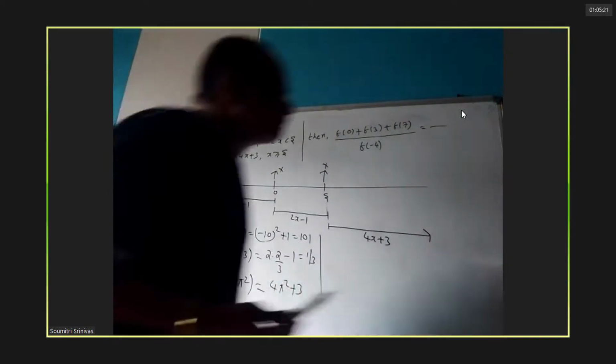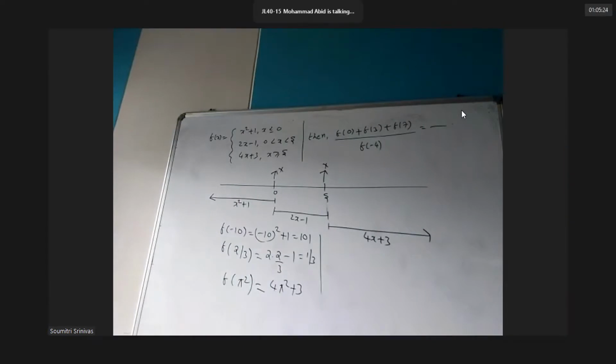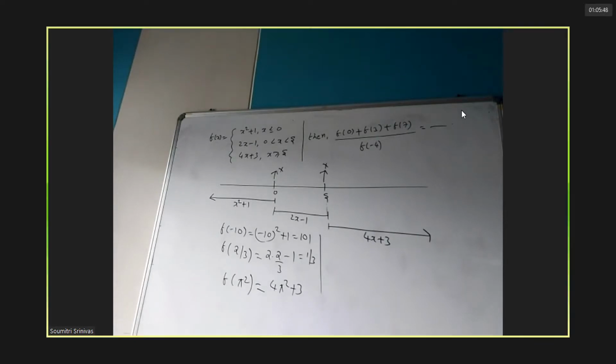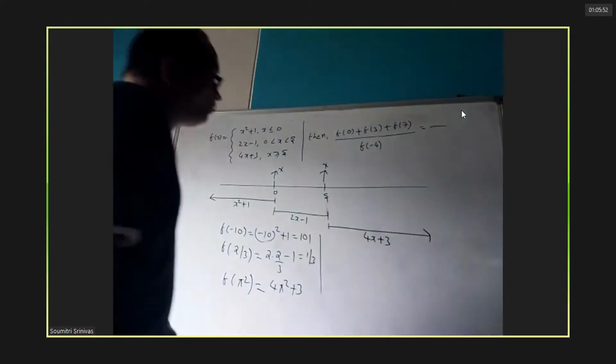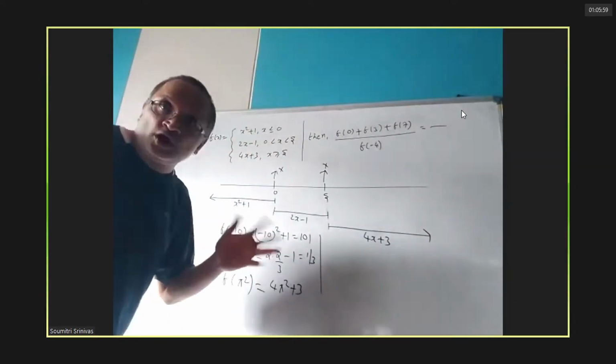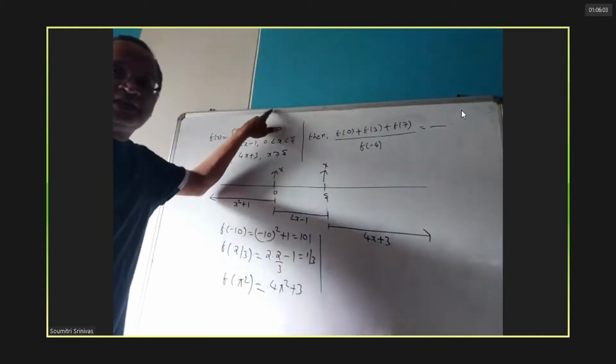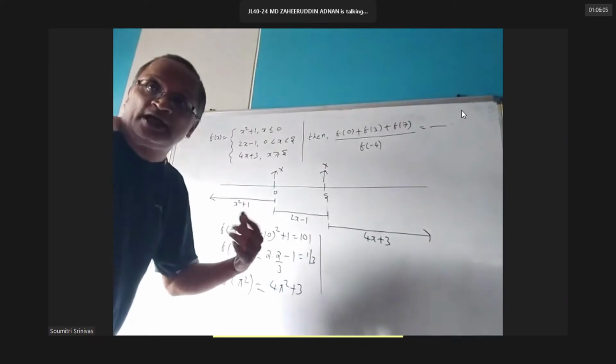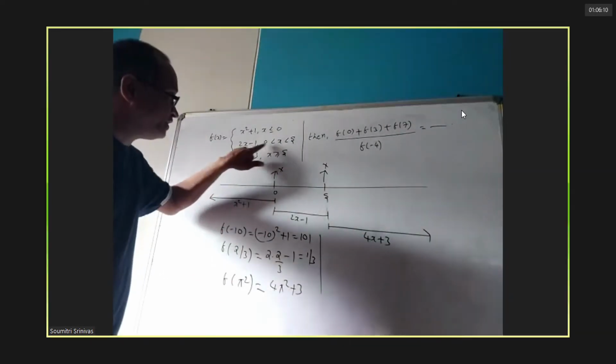Answer 1. What is f of 0? Where will 0 fall? 0 is at two places, but you should not get any doubt. 0 is in two places: put 0 in the first, or put it in the second. In the second, 0 is not included.